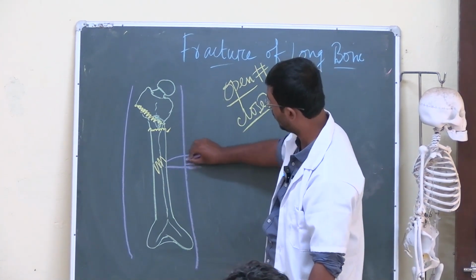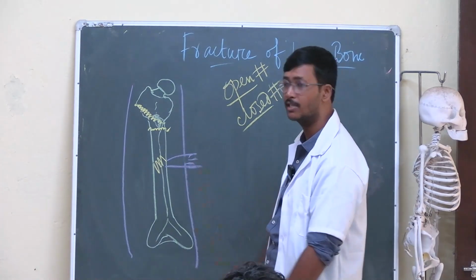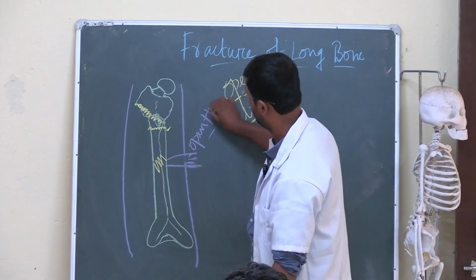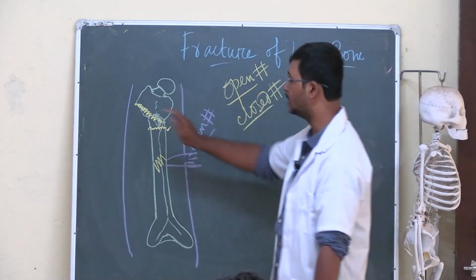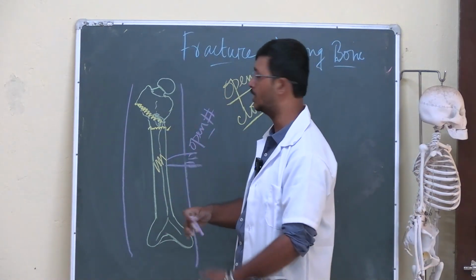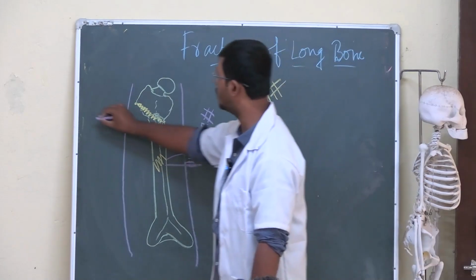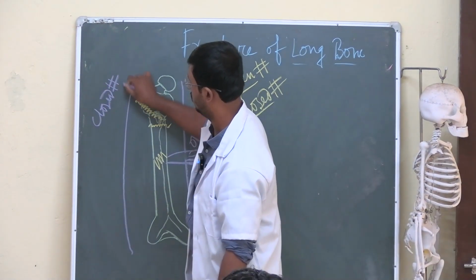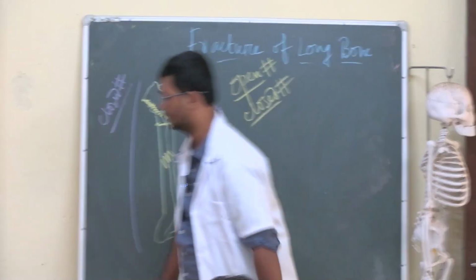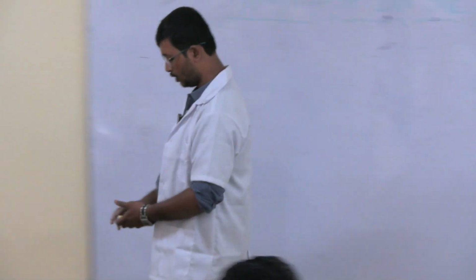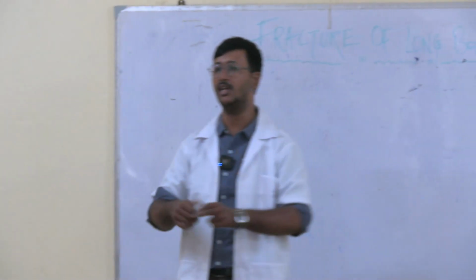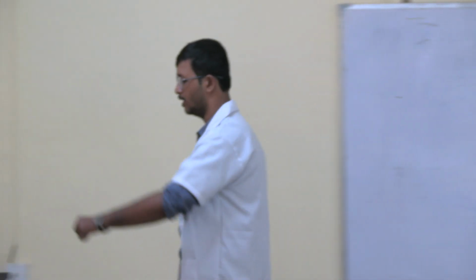Some part of the fracture has come out of the skin by breaking the skin. That is an open fracture. But if this part does not come out of the skin and remains inside, that is a closed fracture. Then there is comminuted fracture, complex fracture. Complex fracture means 3 pieces together, comminuted. These types are already there.